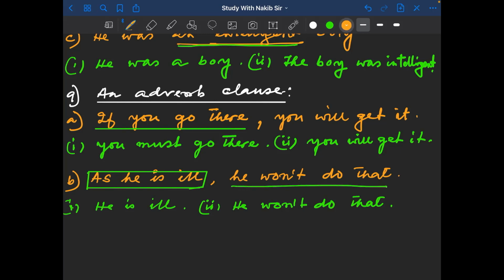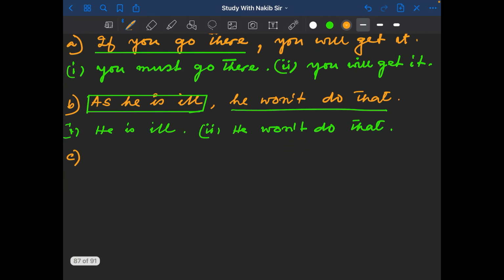Okay, now take another example. C. Though he is fat, comma, he can catch the rat.